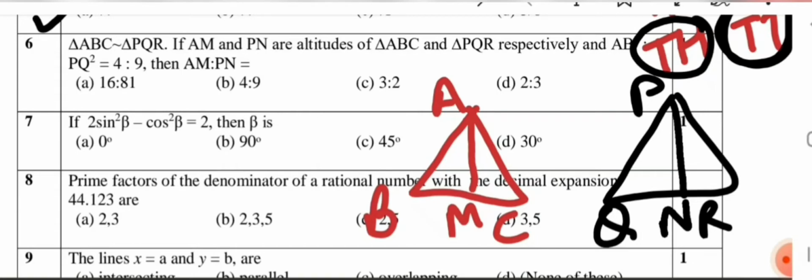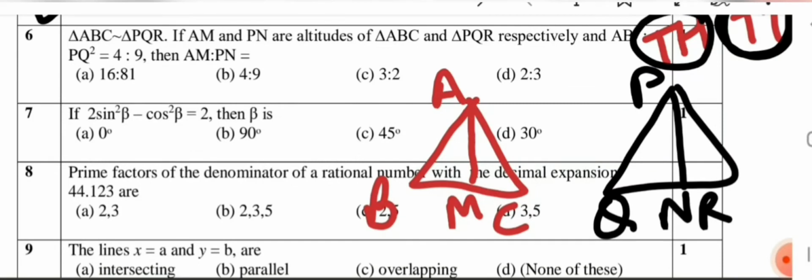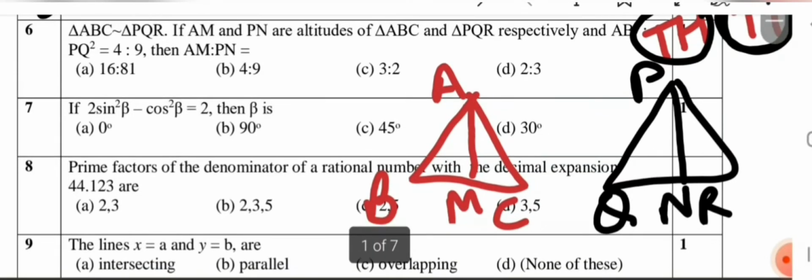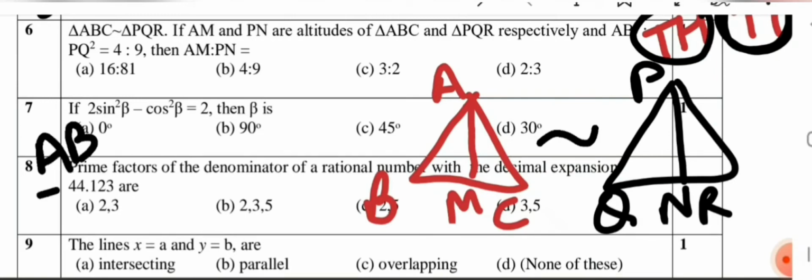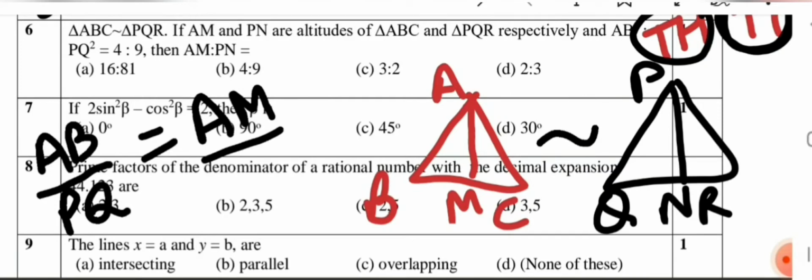Now we know that when two triangles are similar, their corresponding sides are proportional. Whatever will be the ratio of AB to PQ, the same will be the ratio of their altitudes, they are also in proportion. So AB upon PQ will be same as AM upon PN.